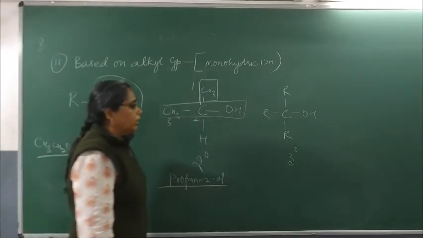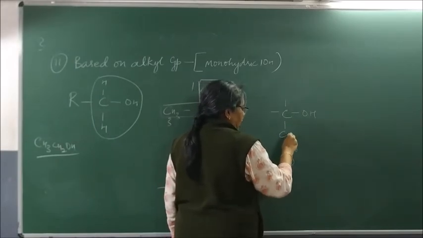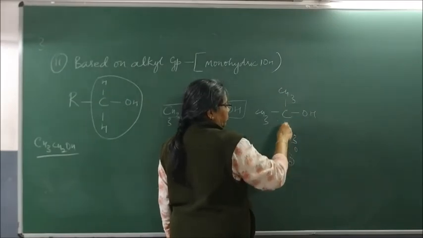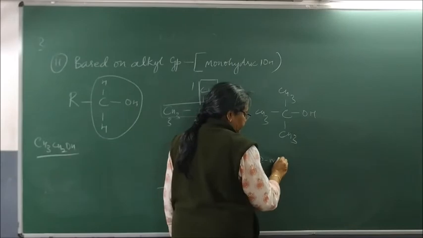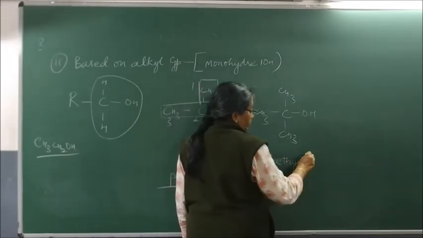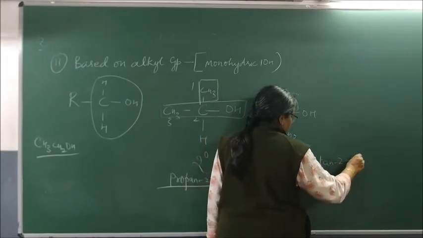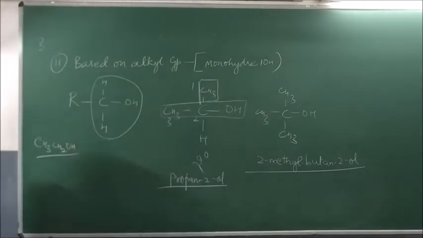Now for tertiary alcohol, let us name these all as CH3. So I will number it 1, 2, 3. So name of the compound becomes what? 2-methylbutan-2-ol. So 2-methylbutan-2-ol is an example of tertiary alcohol.